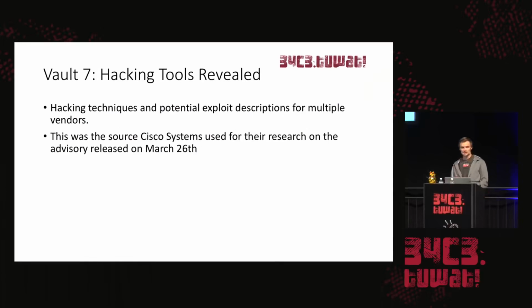What is interesting about this vulnerability is that the source of research for the Cisco guys was not their internal research, but the Vault 7 leak that happened in March this year. Many hacking techniques and tools were released to the public by WikiLeaks, and among the many vendors affected was Cisco Systems.